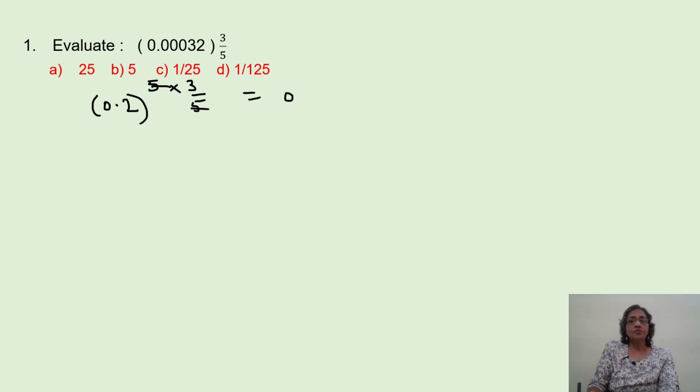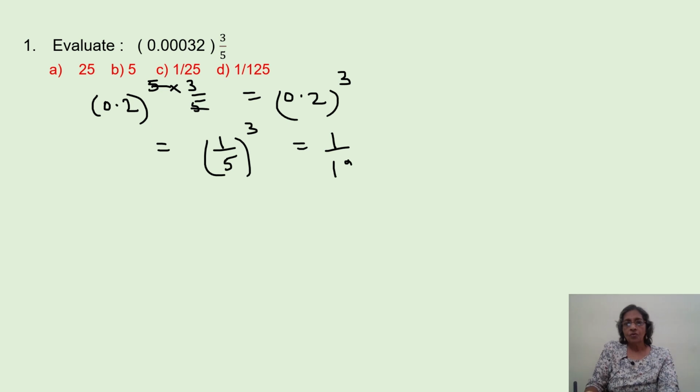So this comes out to be 0.2 the whole thing raised to 3, which I can write as 1 upon 5 raised to 3. And this is nothing but, so the correct answer here is the D option.